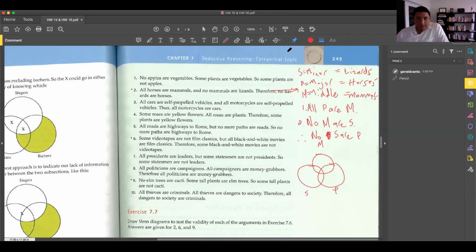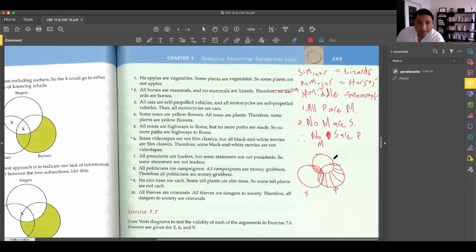The first is all P are M. All the P's that exist would be with the M's, in these two sectors right here, and so you would empty out all the other sectors of P. The second one is no M are S. Every M that exists is not going to be an S, so you would shade out any M's that are S's, these sectors.